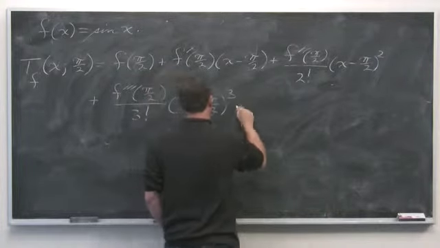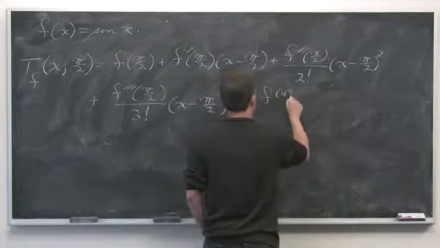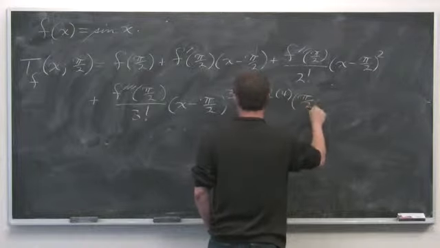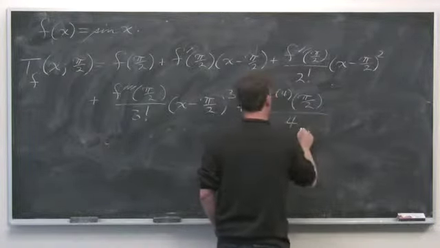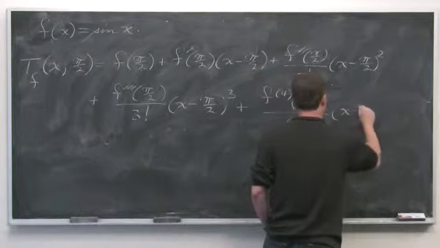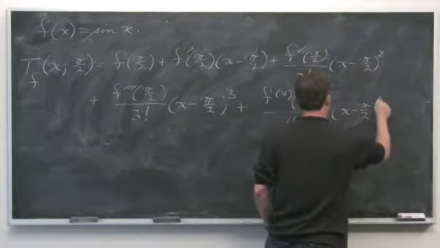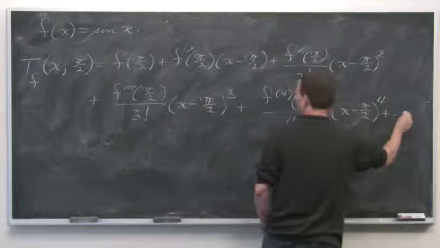And you just go on like this. The fourth derivative of f at pi over 2 divided by 4 factorial times x minus pi over 2 to the fourth. And now I'm going to put plus dot dot dot.